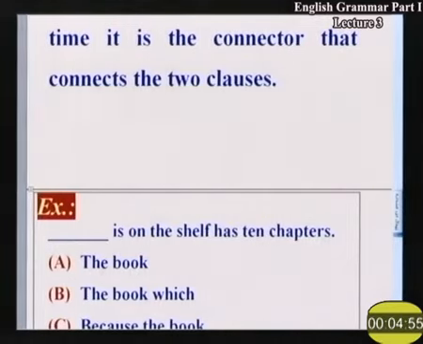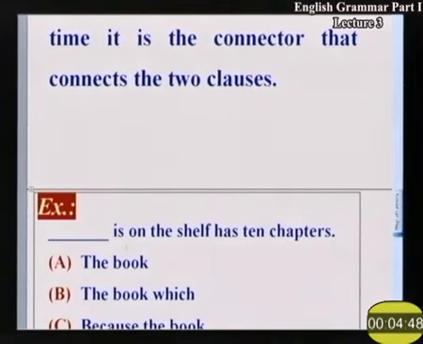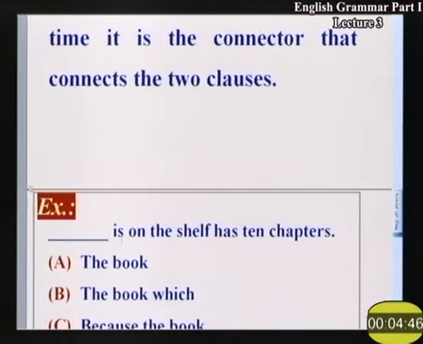طيب تعالوا نشوف مع بعض المثال اللي زي الامتحان. طيب. Is on the shelf has 10 chapters. ده أنا هنا عندي إيه؟ is وهاز يعني عندي two verbs وما عنديش subjects. لما يبقى عندي two verbs I need two subjects يعني أنا عندي two clauses.